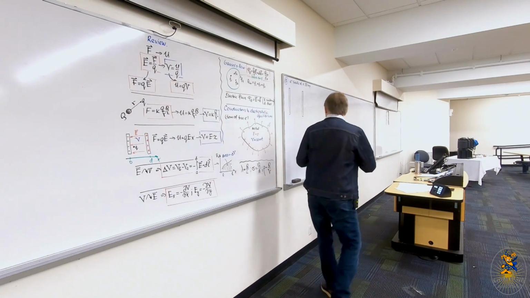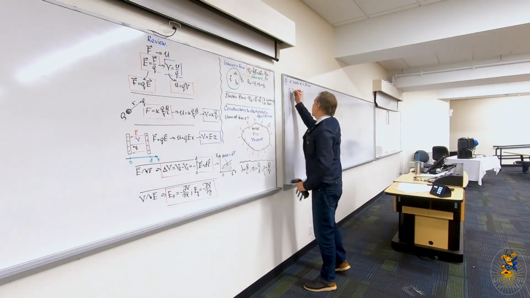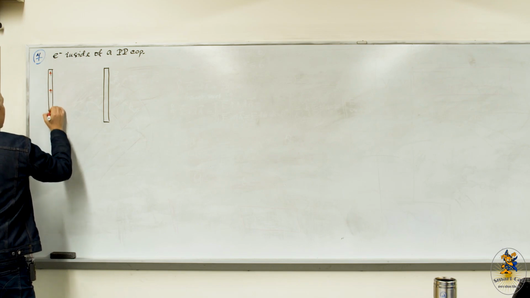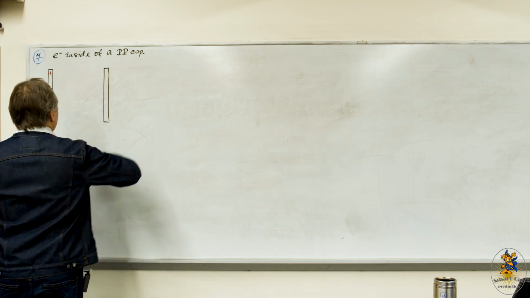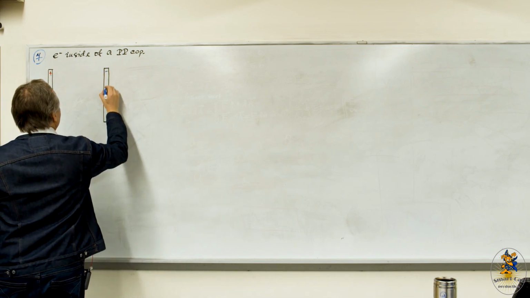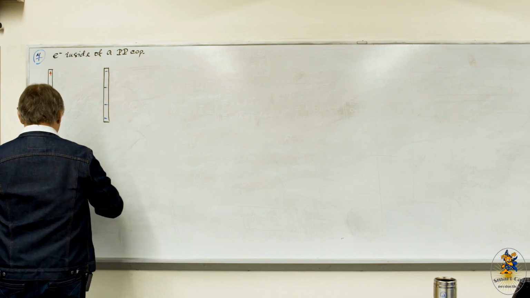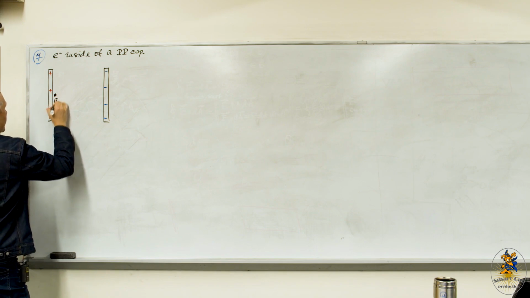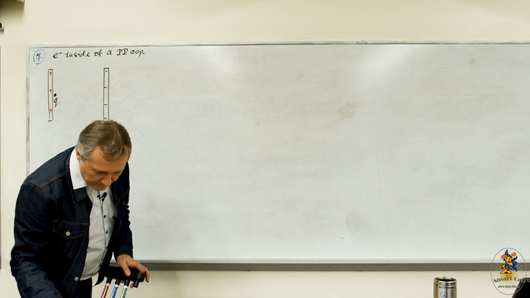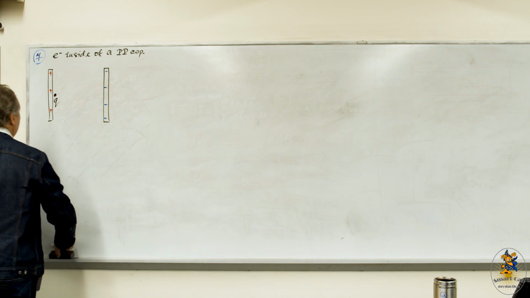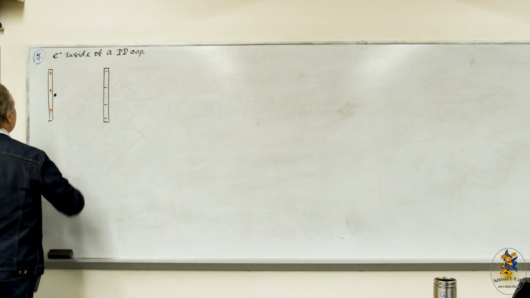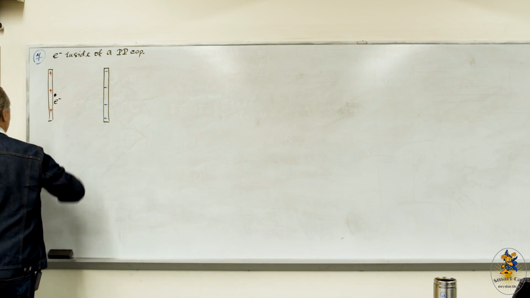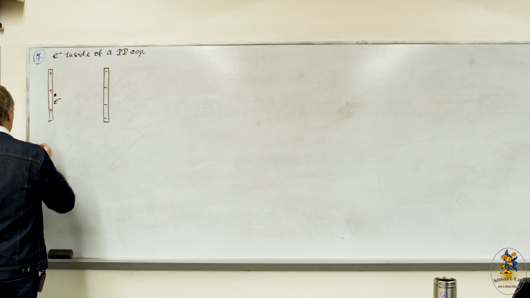So let's assume that this is the positive electrode. That is negative. And our electron first is here. Okay, you know what? Let me use the e negative symbol. E minus.